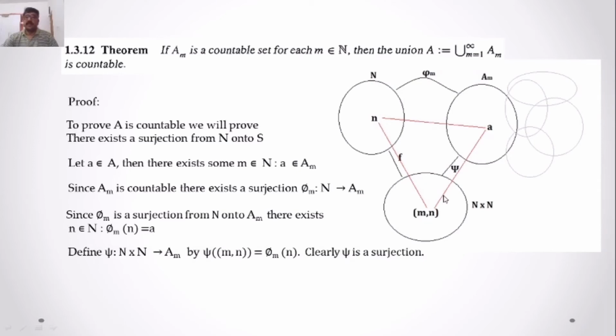Now define psi from N cross N to A by psi of (m, n) is equal to phi_m of n. We have an m here and an n also here, so (m, n) is mapped to this a, and this a is nothing but phi_m of n.